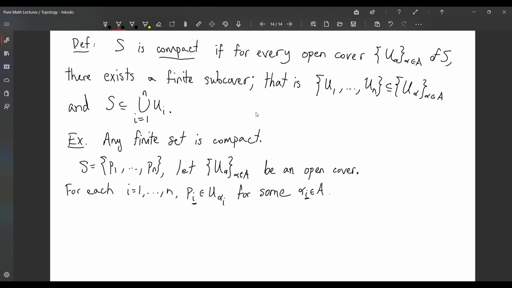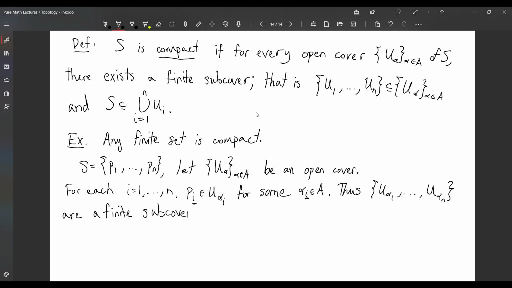So P1 is going to be contained in some U sub alpha, and we call that alpha 1, for example. And thus, the sets U sub alpha 1 through U sub alpha n are a finite subcover.